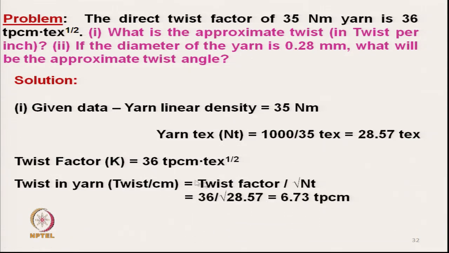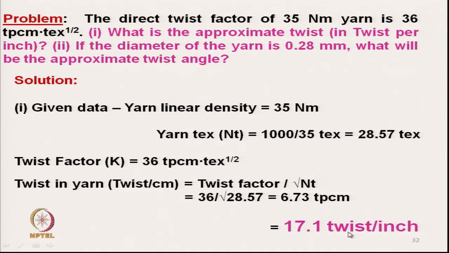So, we can calculate the twist per centimeter in the yarn. It comes out to be 36 divided by root 28.57, which is 6.73 twist per centimeter, and if we multiply it by 2.54, it will be your twist per inch.